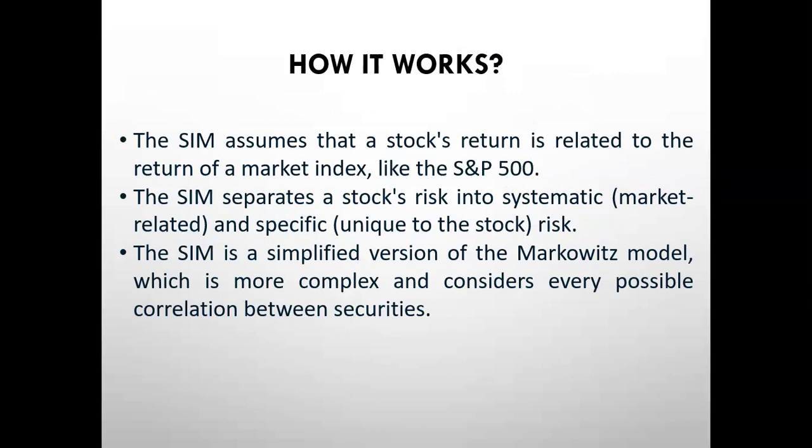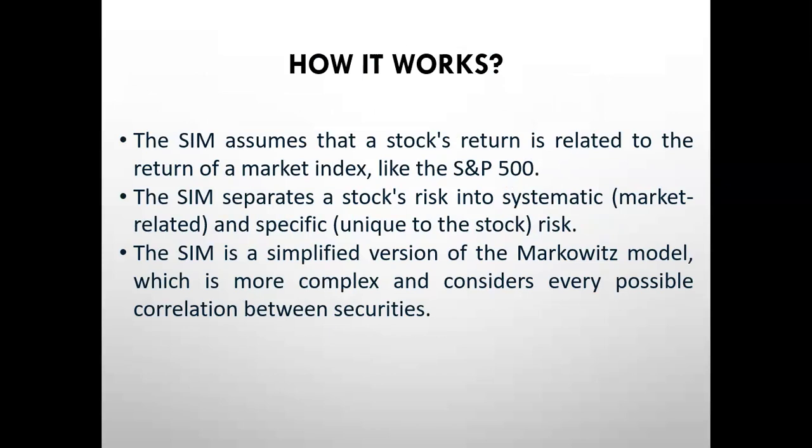Then how does it work? The single index model assumes that a stock's return is related to the return of a market index, like S&P 500 or Nifty, BSE, whatever. The SIM, Sharpe Single Index Model, separates stock risk into systematic and specific risk.